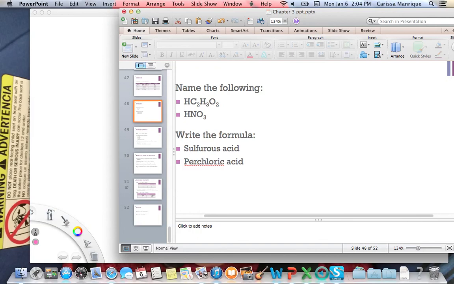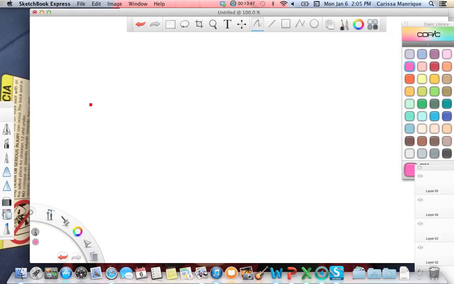Okay? So let's go backwards. Just write the formula. So we have sulfurous acid, so an -ous acid, or let me just write these up here. Sulfurous acid, and then what was the other one?